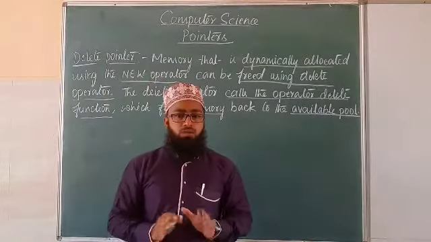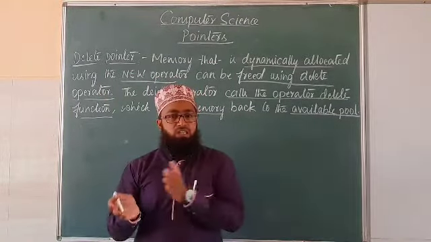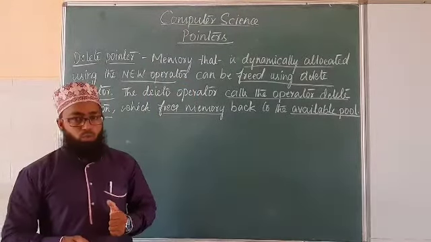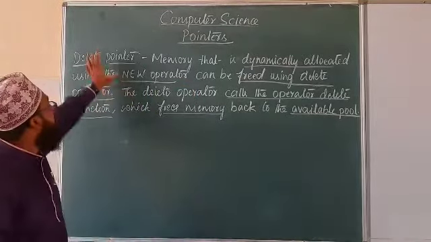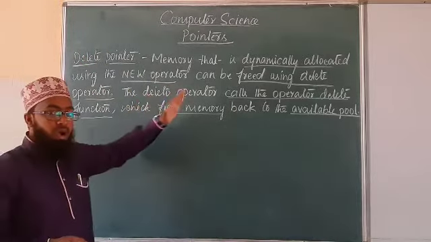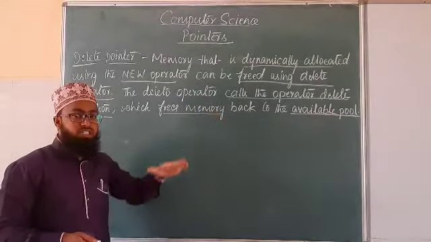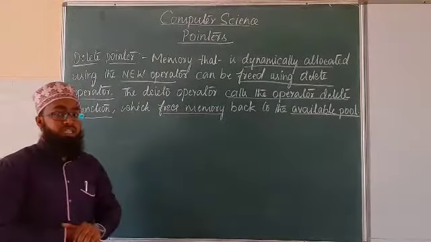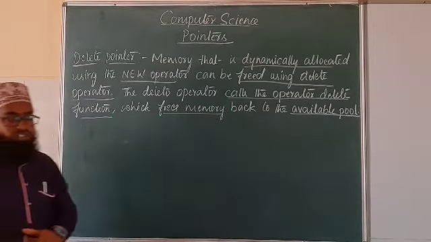It frees that memory again and returns it back to the pool. So this is how the delete pointer works, by freeing up memory, deleting the variables from the memory. This is the first step.